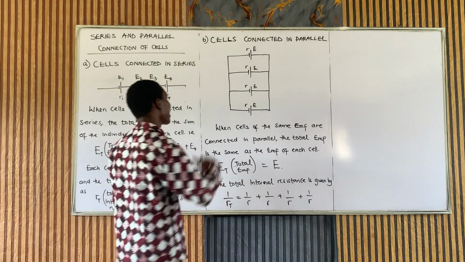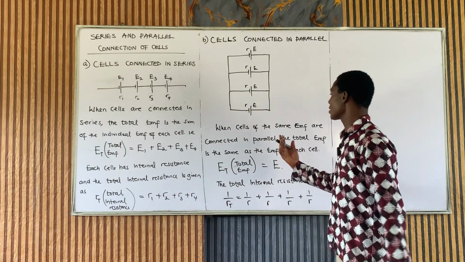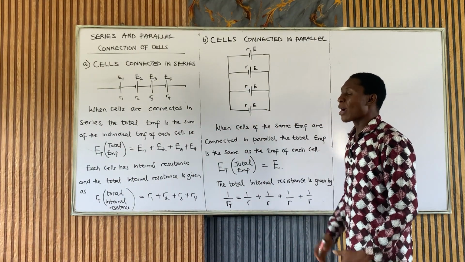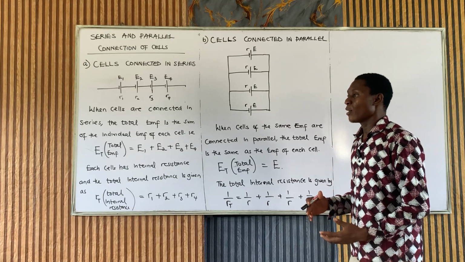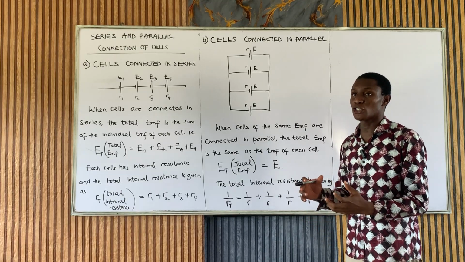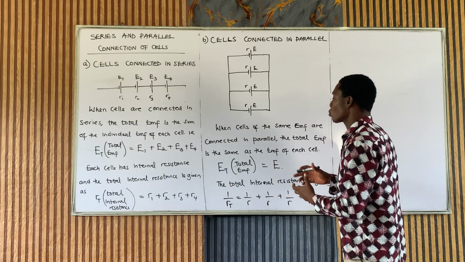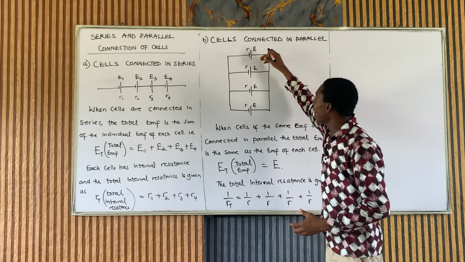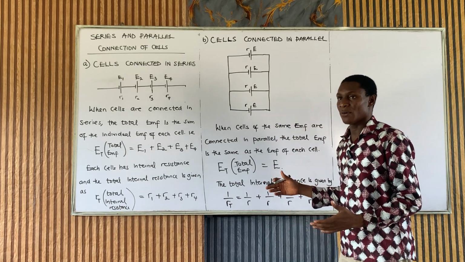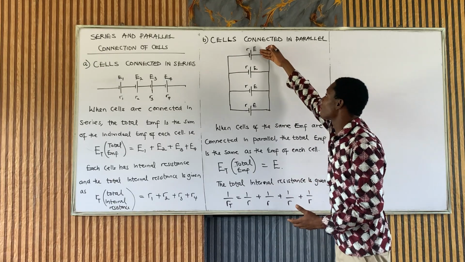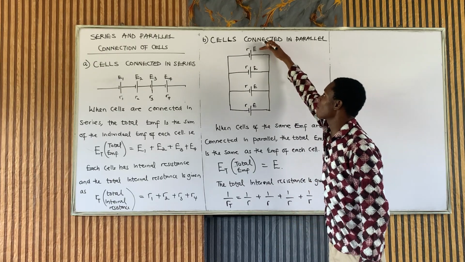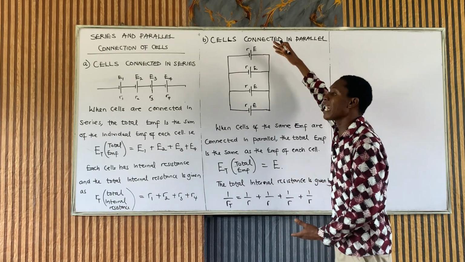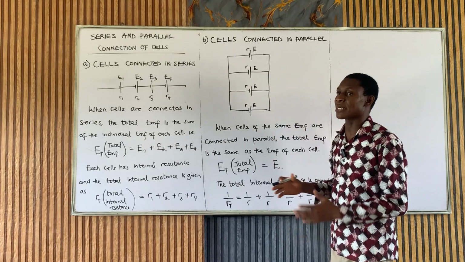Cells can also be connected in parallel, as we can see here now. But when connecting cells in parallel, understand that we don't have a relationship to get total EMF when the cells have different EMF. But if their EMF are the same, like we have here now, the EMF of this is E. So they have the same EMF and the same internal resistance.